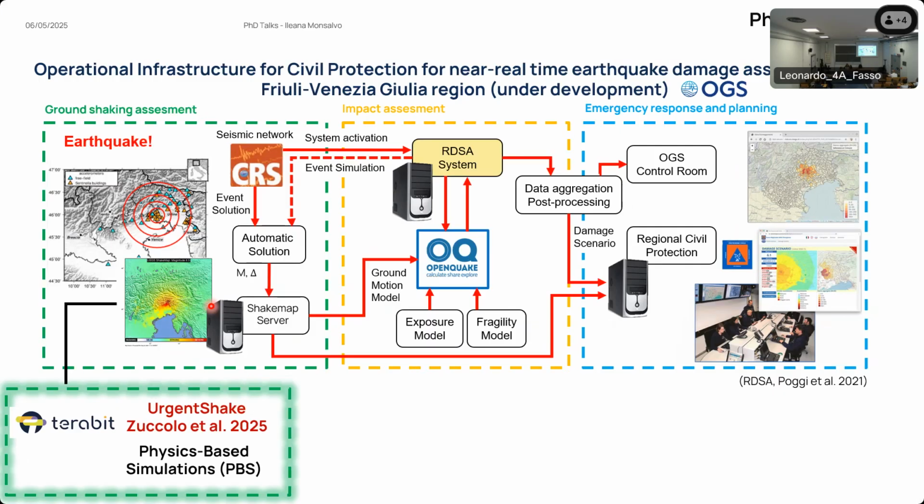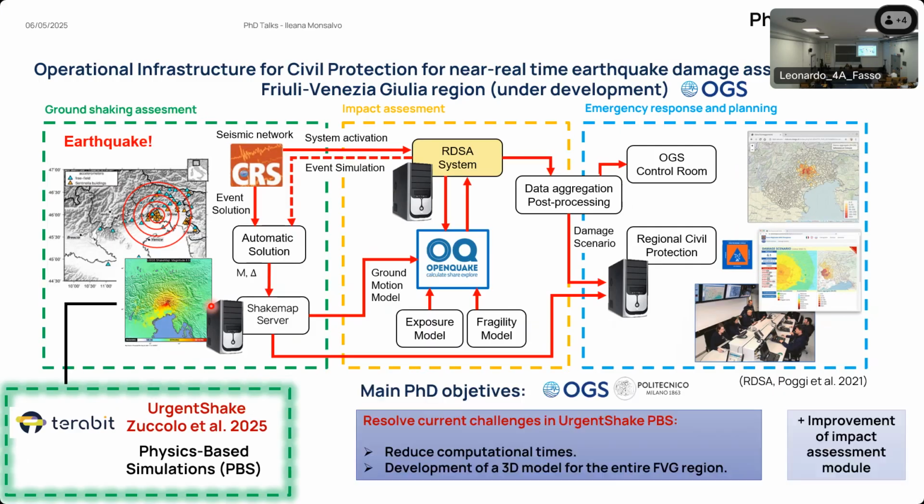So yes, here is where my PhD project comes in. The main objective is to resolve some current challenges in making UrgentShake fully operational, because right now, for example, the original proposal of UrgentShake was taking a lot of time to carry out the simulation.